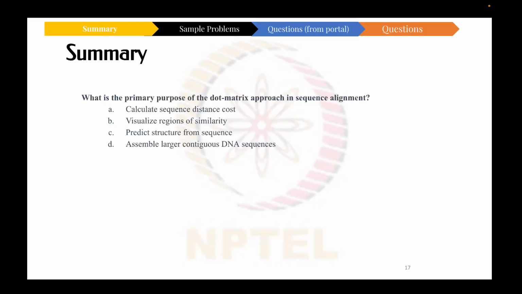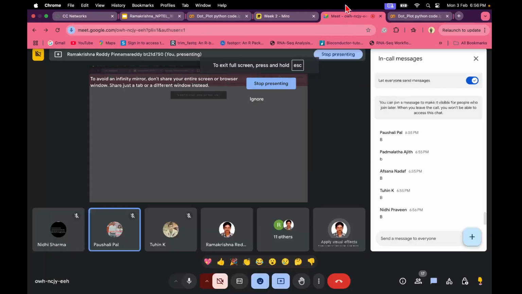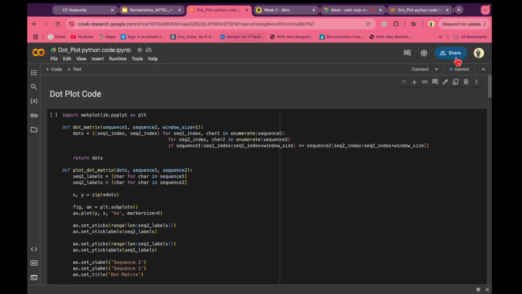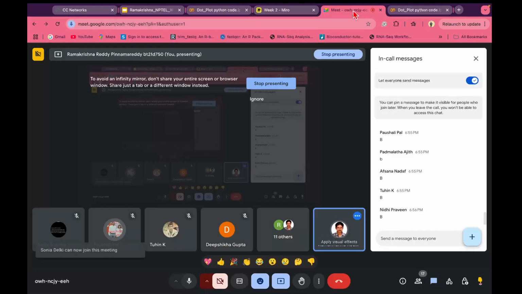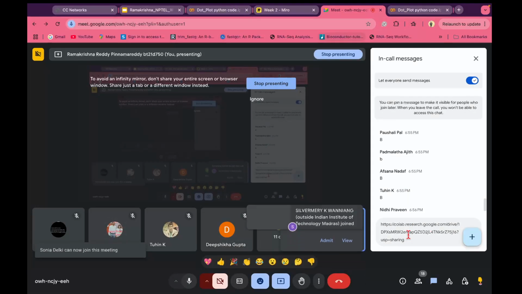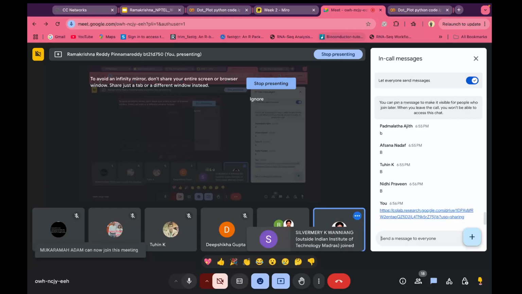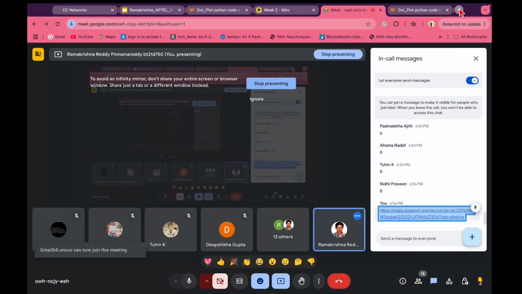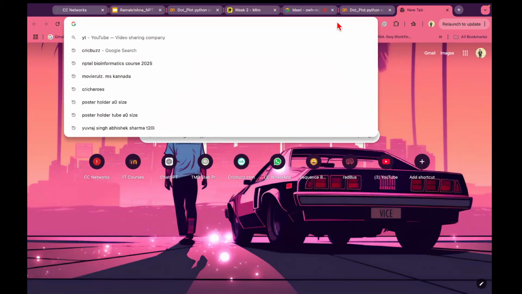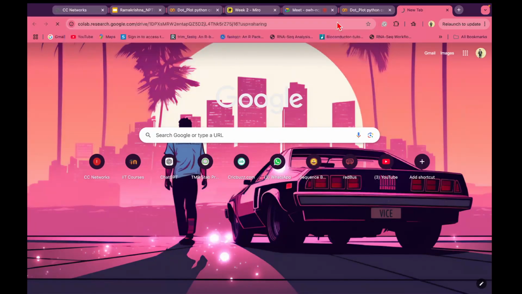Is everybody able to follow the Colab notebook, or is anybody having issues with it? I can show again how to access it. I have given a link. Again, I'll share the link. You just click on the link, copy it, go to your browser, paste the link, and press enter.